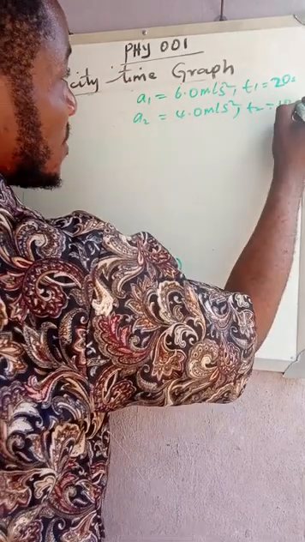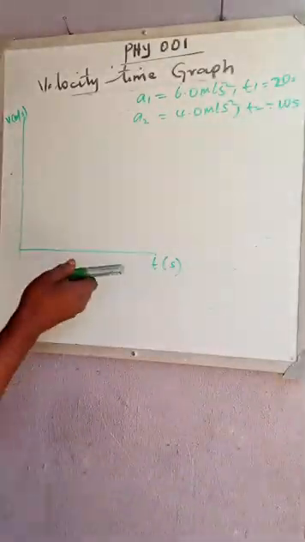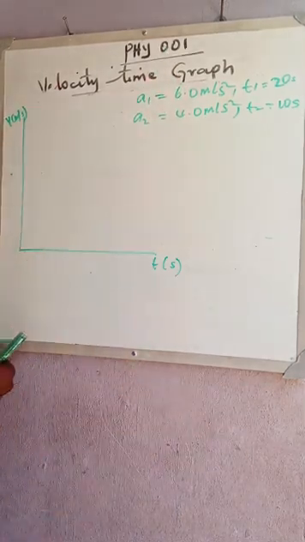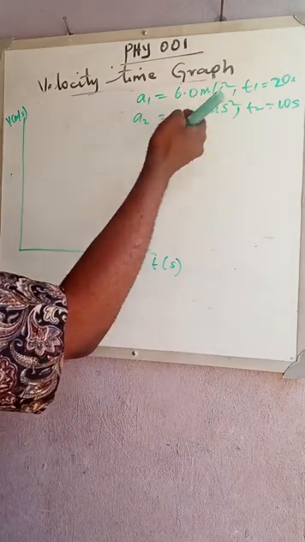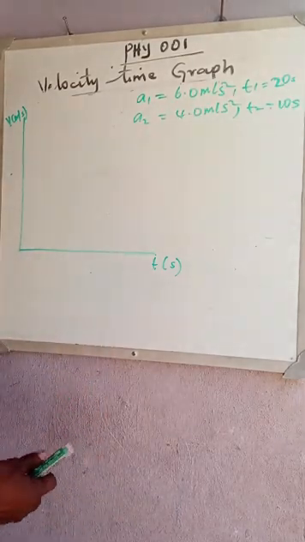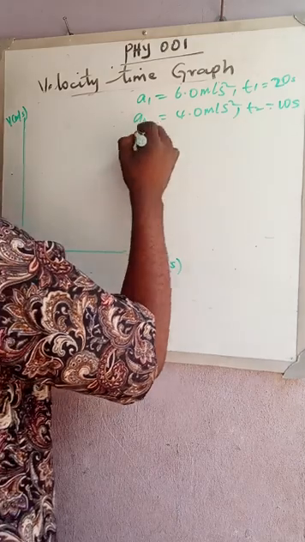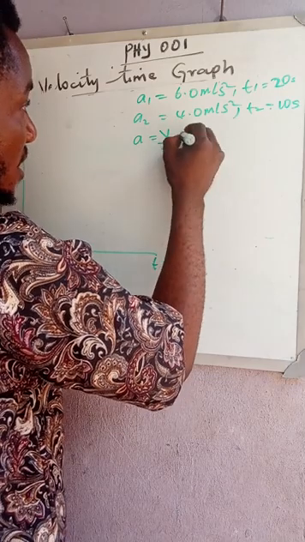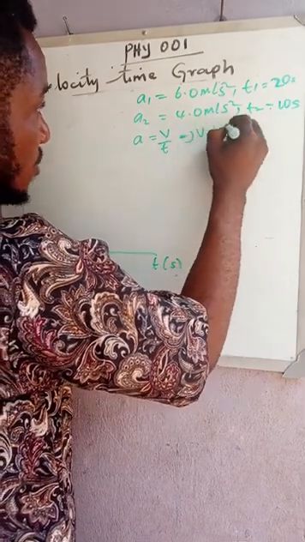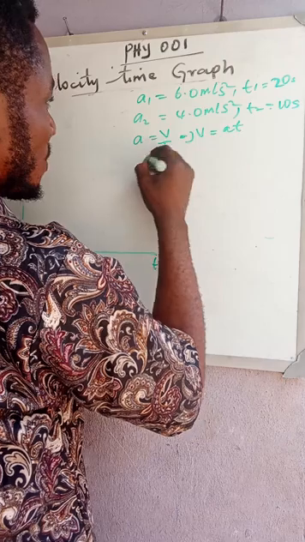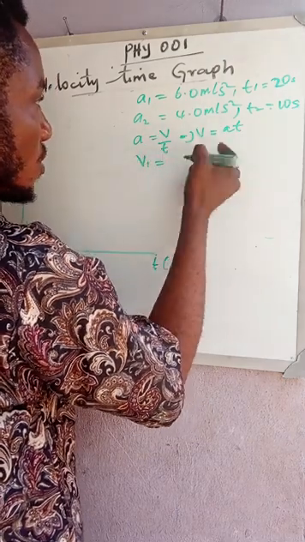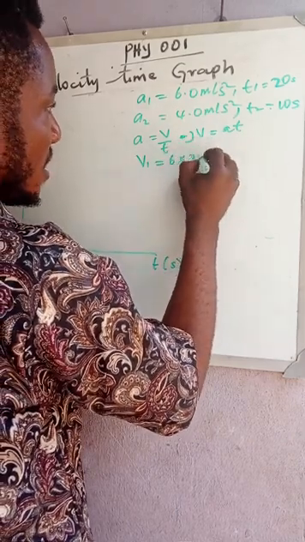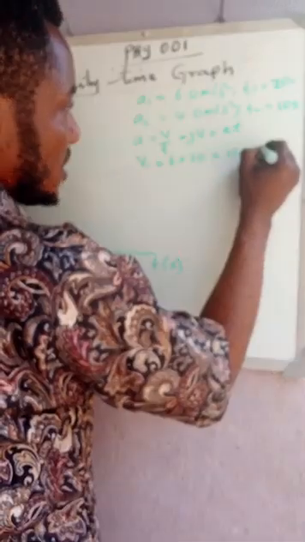So here, remember, it is a velocity-time graph, not an acceleration-time graph. So we must convert all these to velocity before we can use them to sketch. If we don't convert them to velocity, we cannot solve. If we use them like this, it is wrong. Remember that acceleration A is equal to V over T. This implies that the V I'm looking for is equal to A times T. So here V1 is equal to 6 times 20, giving me 120 meters per second.